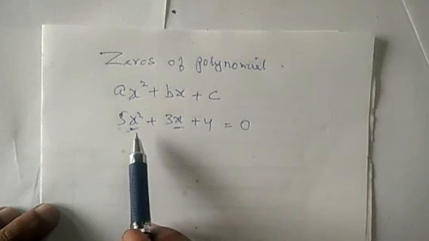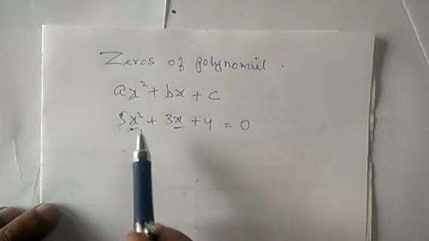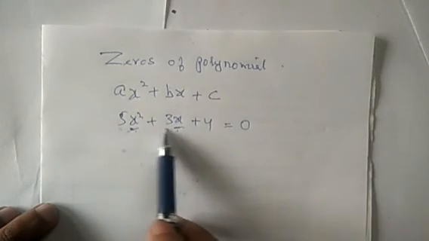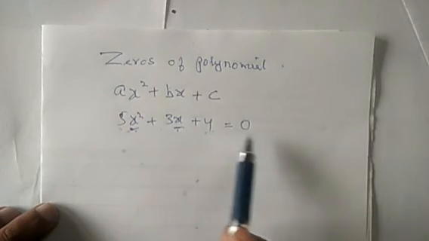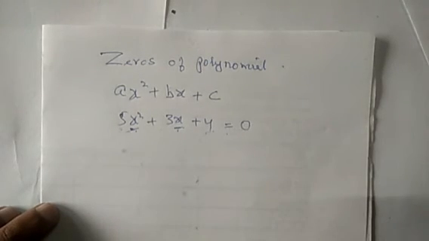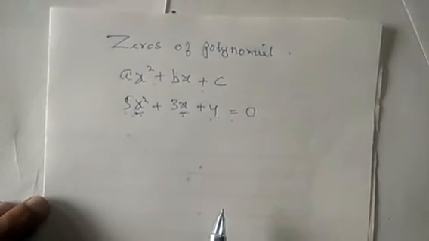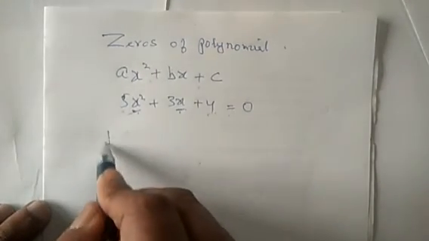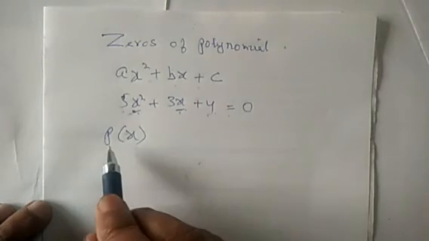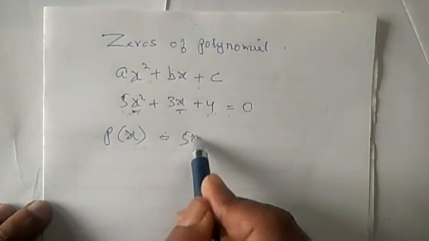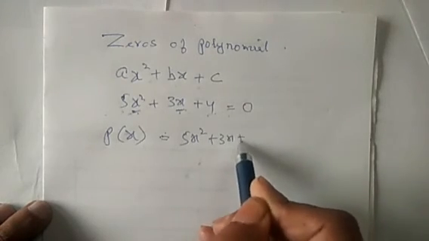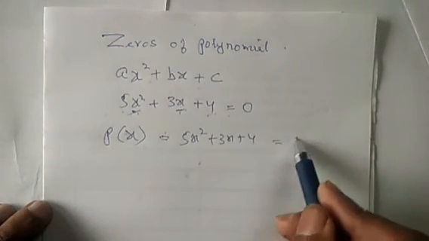0. That value of x for which 5x square plus 3x plus 4 becomes 0 is called the zero of polynomial. For example, we denote the polynomial as p of x, p of x equals 5x square plus 3x plus 4, equal to 0.